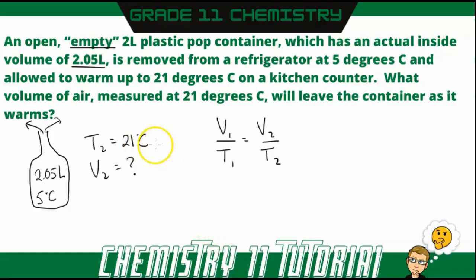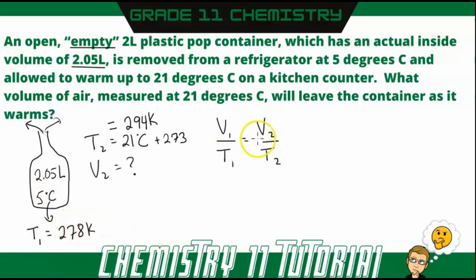To do that, we're simply going to add 273. So our final temperature is equal to 294 Kelvin. The initial temperature, T1, if we add 273 to that, we get 278 Kelvin.